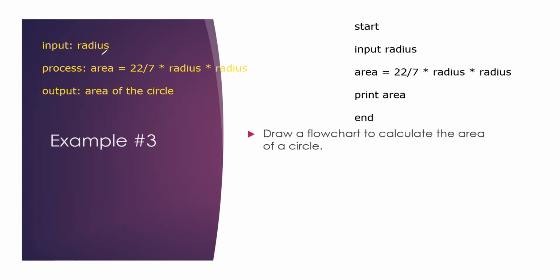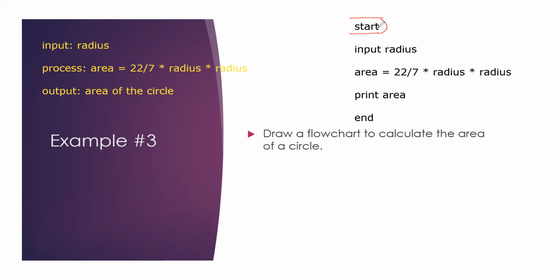Usually we get input whenever things change. Constant values, we can assume they are already available. There's nothing wrong if you want to get it, but there's no real use. I have seen half of the class use input pi as well, but it's not necessary. That's why I avoid it, because it's a fixed value. So in the calculation, I can just put the value of pi here.